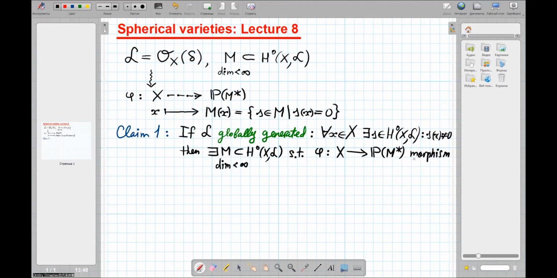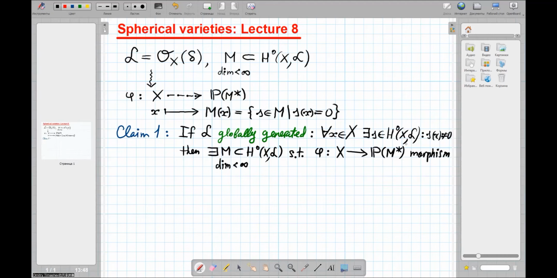Why so? Because for any point x, you can choose a section which does not vanish at this point. And the set of all points where this section doesn't vanish is an open subset in X. And by the Noetherian property of the Zariski topology, you can choose a finite subcover of these open subsets.